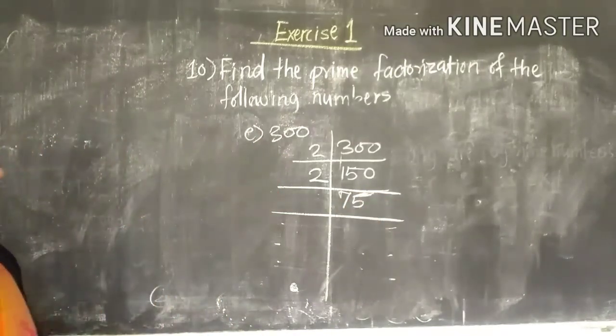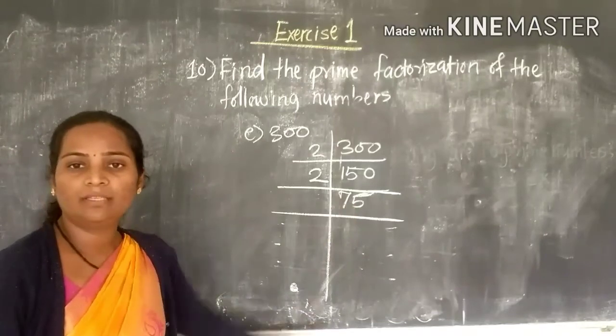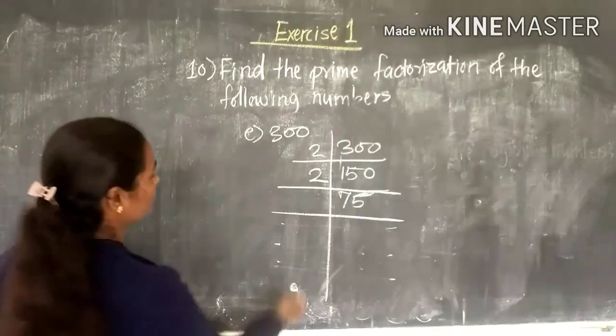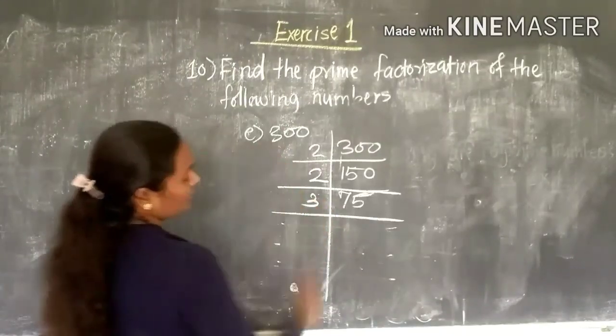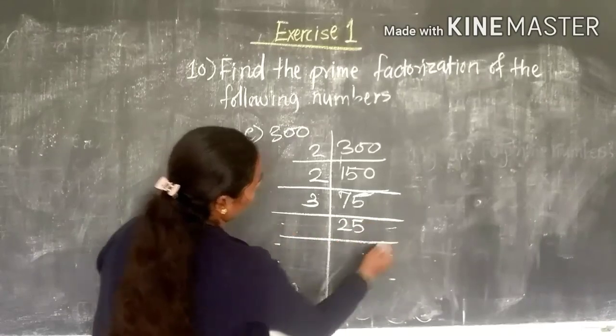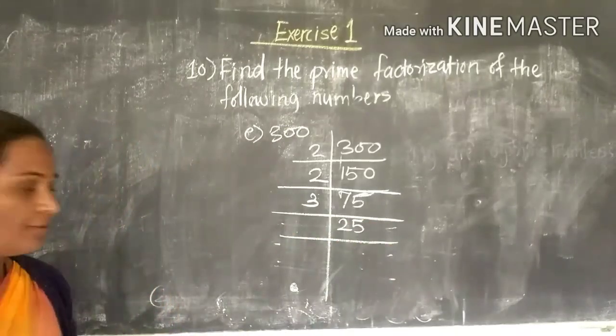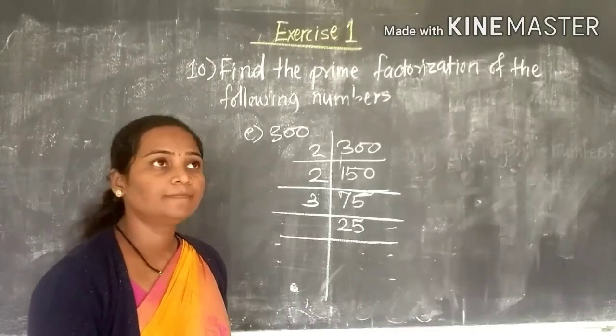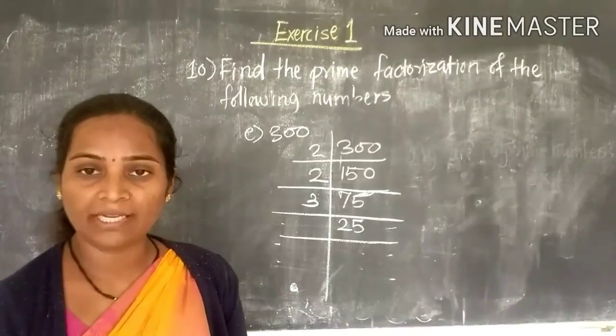Then 5 plus 7, it is 12. It can be divided by 3. Yes. So this number is also divided by 3. 3 2s are 6. 3 5s are 15. Now 25. 5 plus 2 is 7. So it cannot be divided by 3.